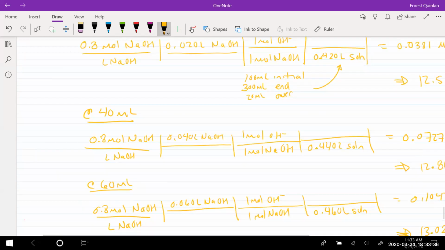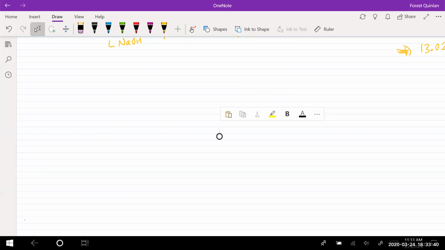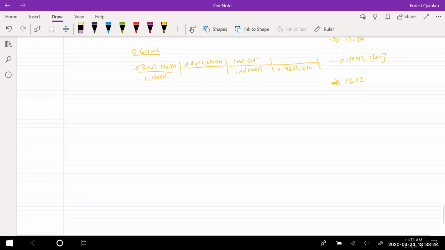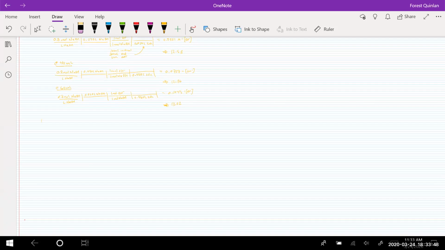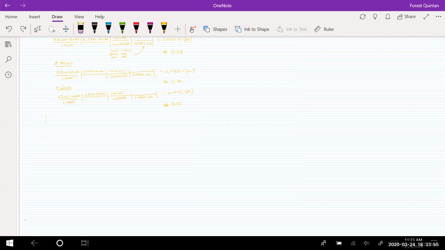Because I'm silly, I forgot to do my graph thing right near where I was going to need it. Oops, undo. I wanted that in black.